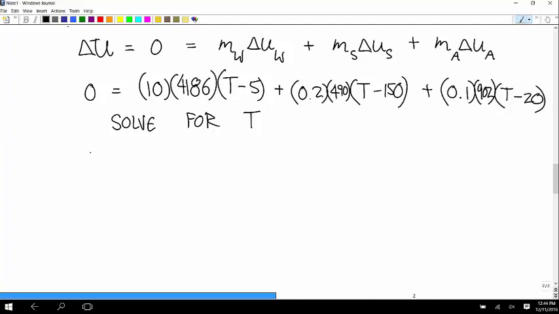Okay, so zero is equal to 41,860 T minus, what's 5 times 41,860?